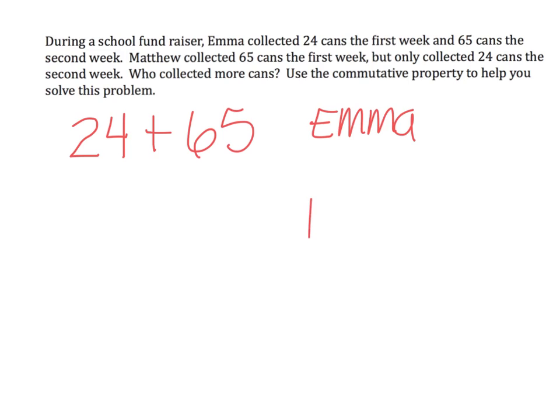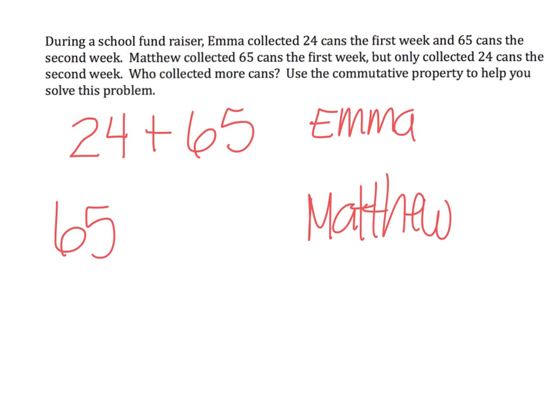Now let's read about Matthew. It says Matthew collected 65 cans the first week, but only 24 the second week. I think they were trying to trick us by saying, "but only." Because if we look at both expressions, they have the same add-ins, don't they?